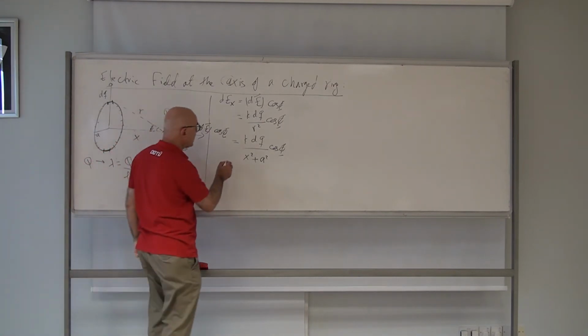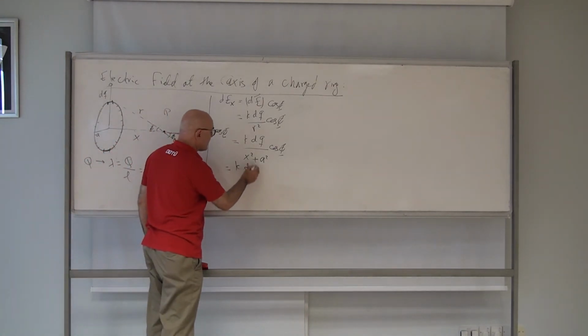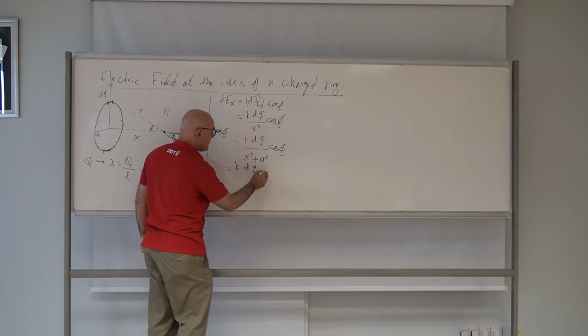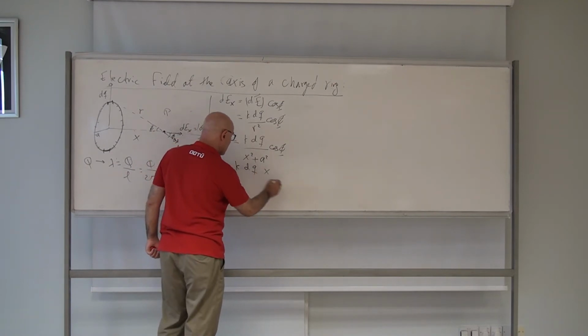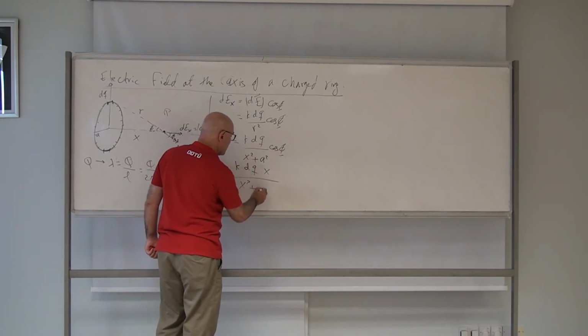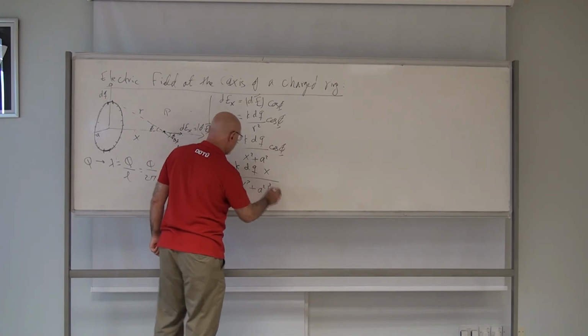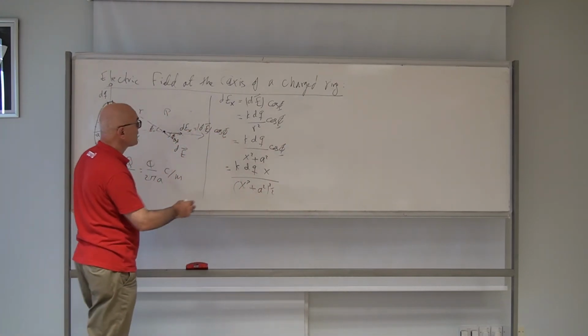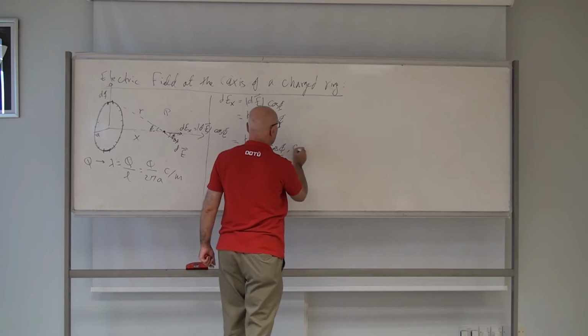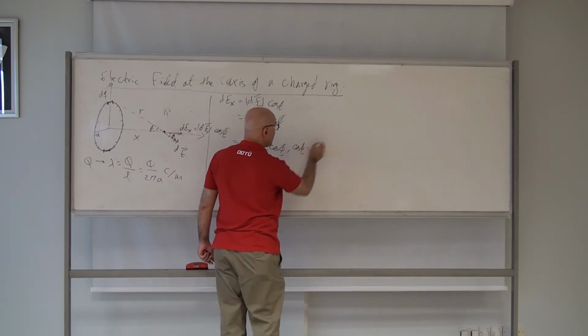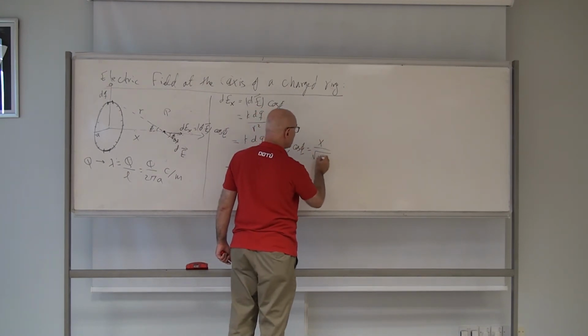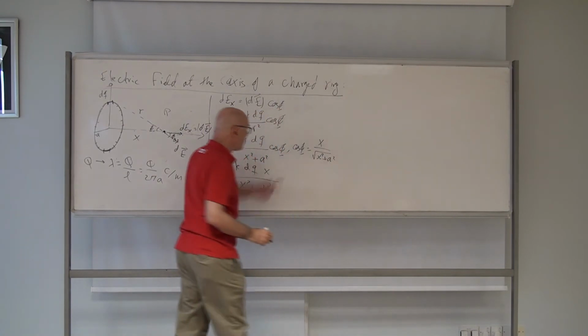So this tells me that dEx is k dq x over x square plus a square to the power 3 over 2, where I have noted that cosine phi is equal to x over square root of x square plus a square.